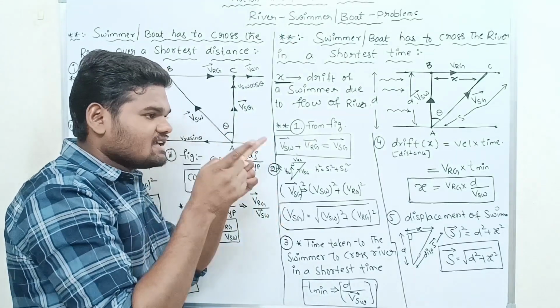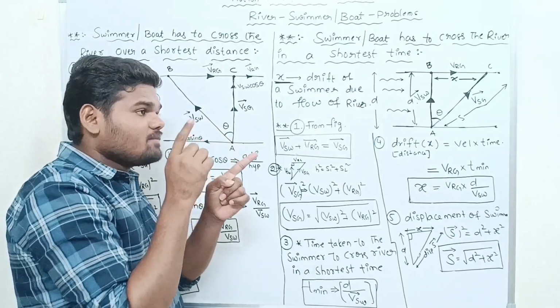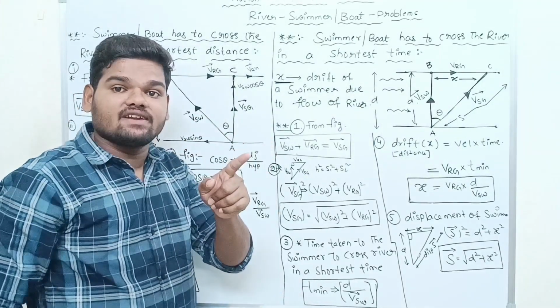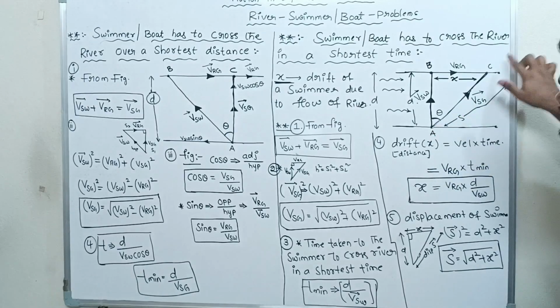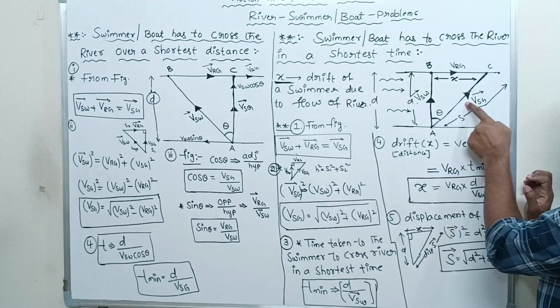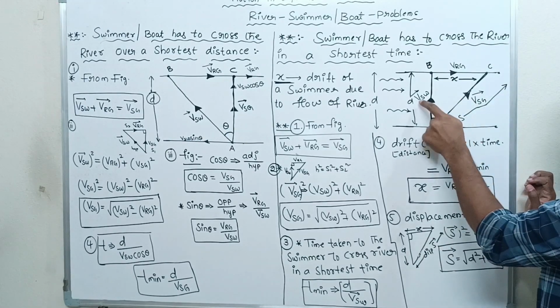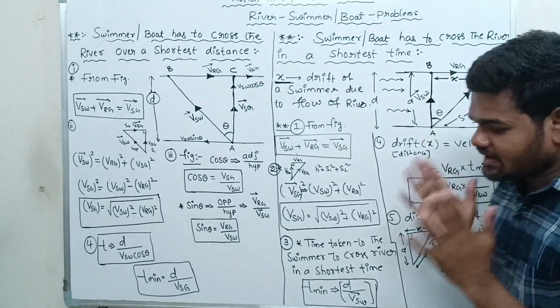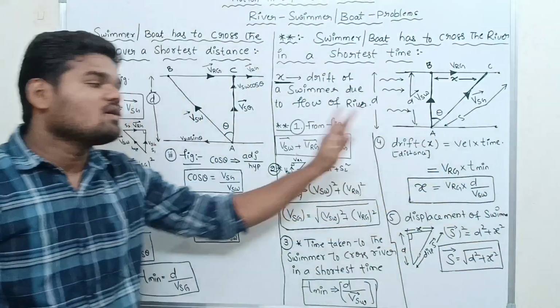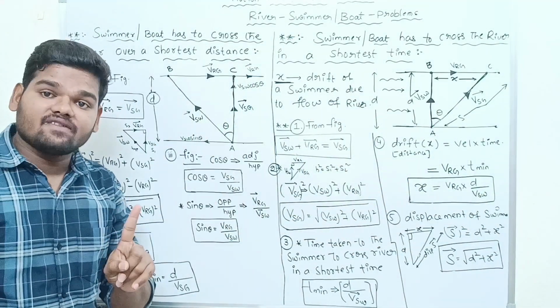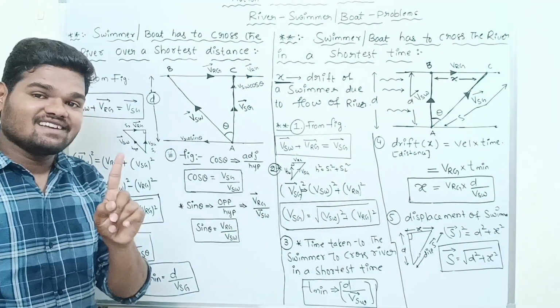If you see the words minimum time taken for the swimmer to cross the river, just blindly draw the diagram like this. This is velocity of swimmer with respect to ground, velocity of swimmer with respect to water. If you practice these two diagrams, then you can easily write all these formulas. Any difficulties? No difficulties, na?